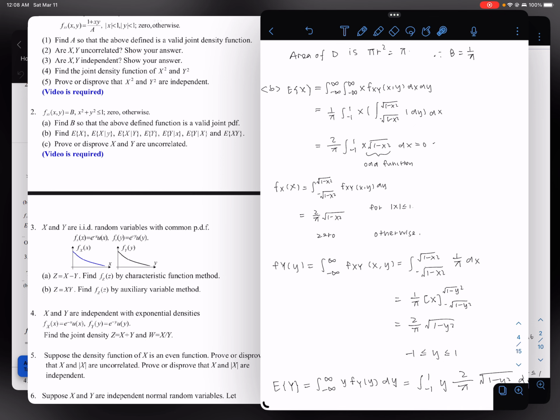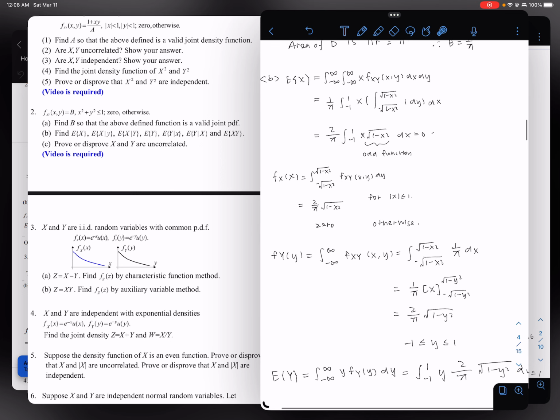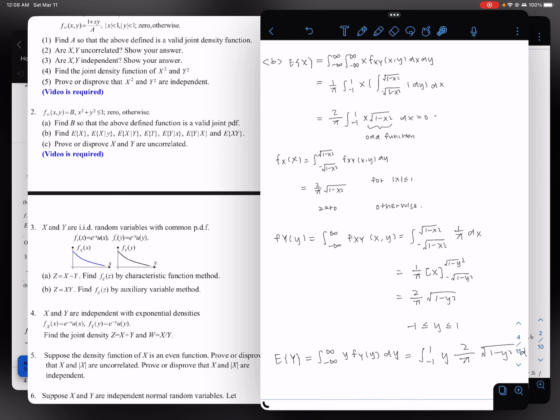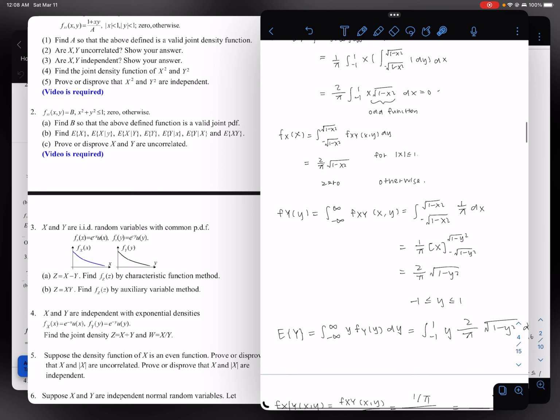And then the expectation of x is pretty much we add another x here, and then we integrate this whole thing in terms of x. So eventually we have this. And because inside here x and the square root make an odd function, the final answer would be 0. So E of x is 0.